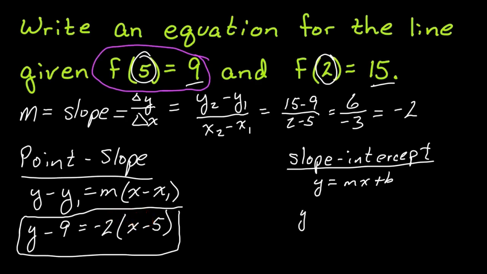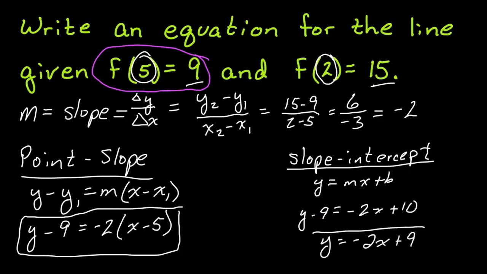So that's going to give us y minus 9 equals negative 2x. And then negative 2 times the negative 5 is plus 10. All right, so your next step is to solve for y. So you're going to add the 9 over to this side, giving you y equals negative 2x plus 19.